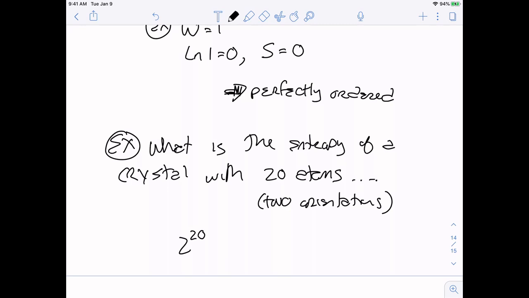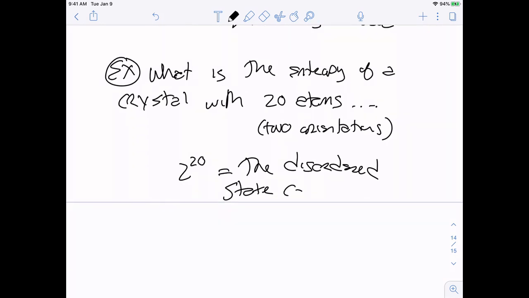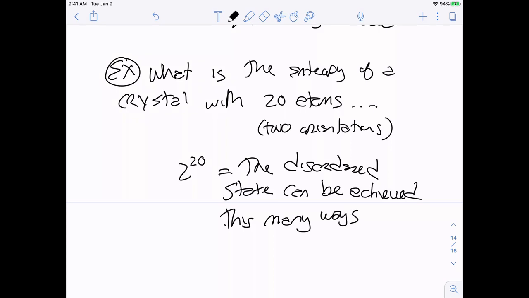So this is the disordered state that can be achieved this many ways, and that's going to be my value for omega.